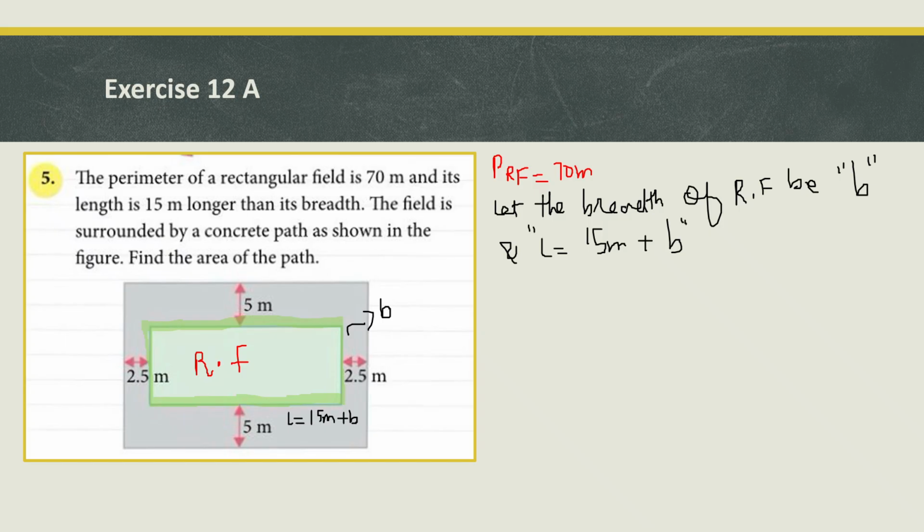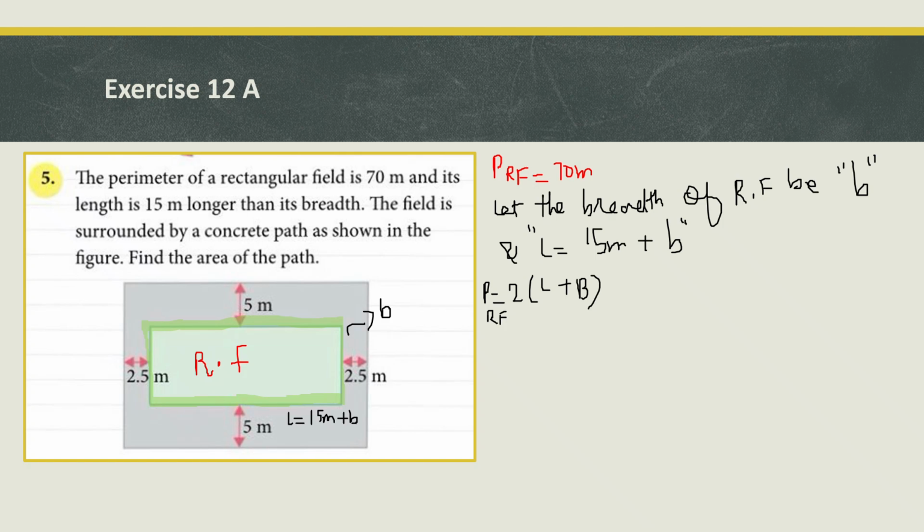We know that the perimeter of a rectangle is 2 into L plus W. So this is the perimeter formula of a rectangular field, that is equal to 2(L plus W), and the perimeter of the rectangular field is given, that is 70 meter.